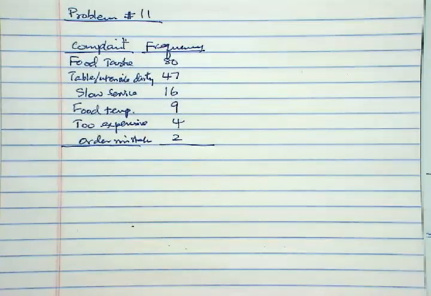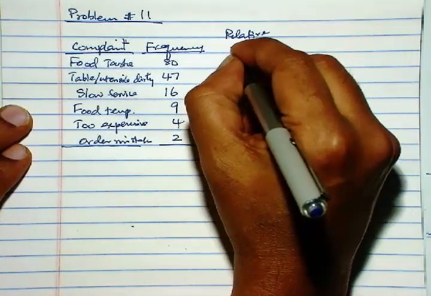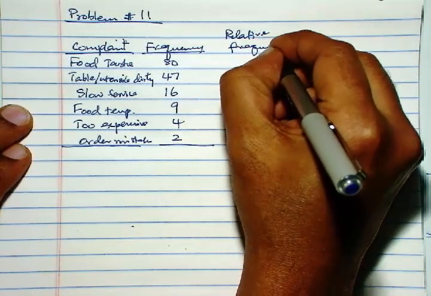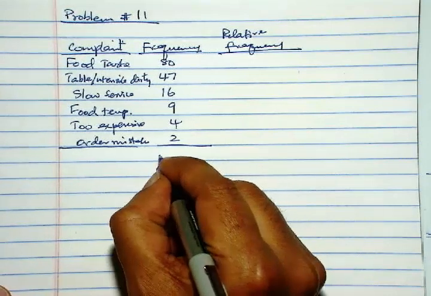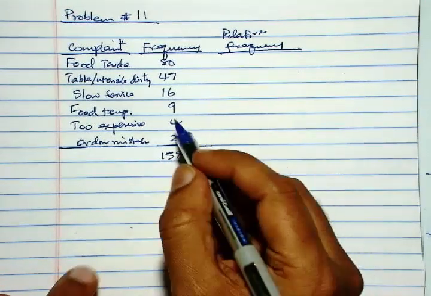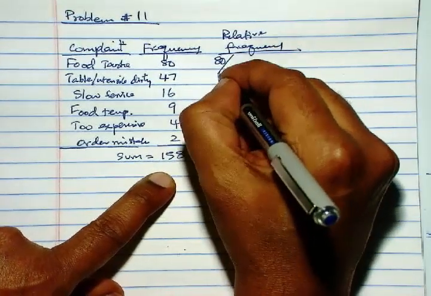Now next step is to find relative frequency. And you add this up, so that's the sum of the frequencies, and divide it into each of them.